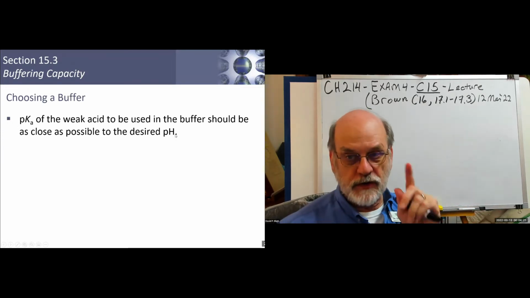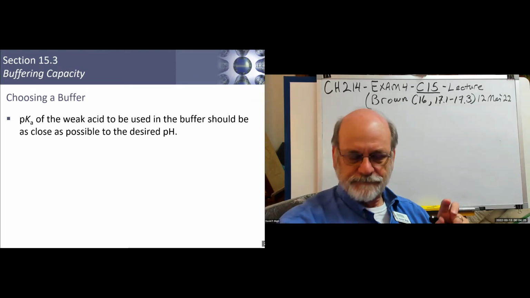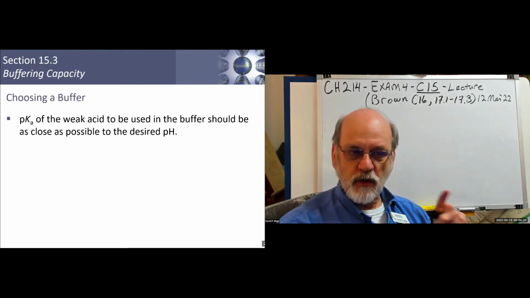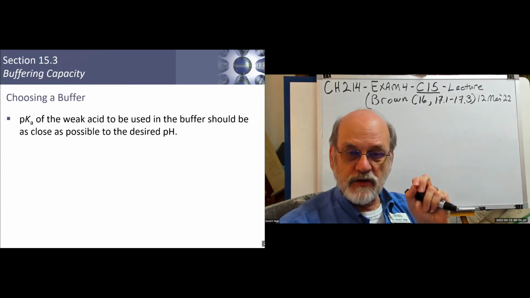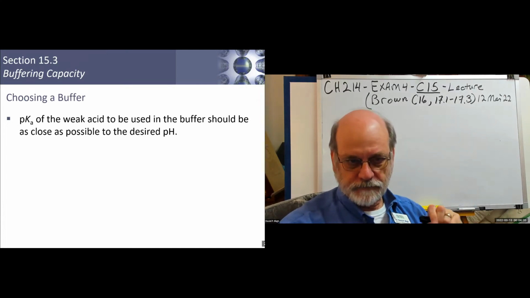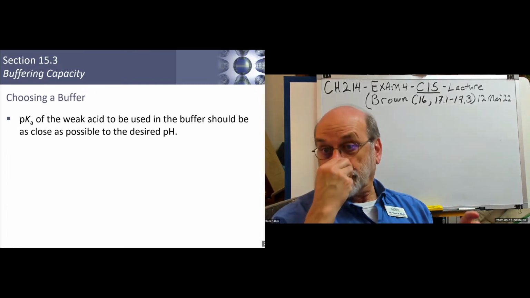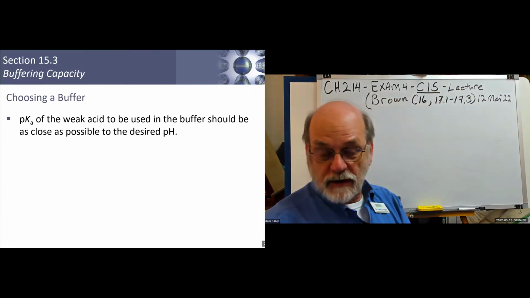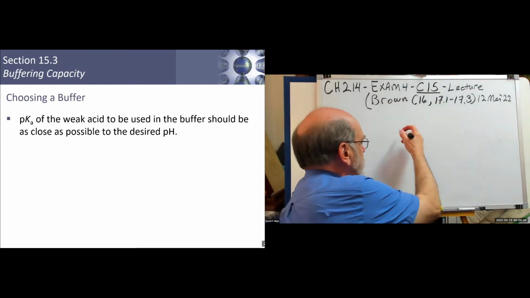And I'm going to prove it to you in just a minute. But the rule is you want the pK and the pH to be as close together as possible. That gives you an ideal buffer.